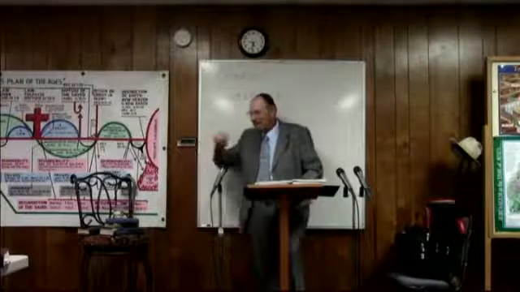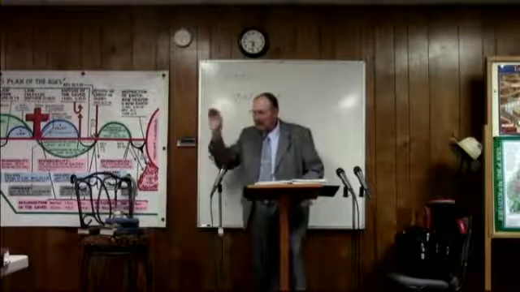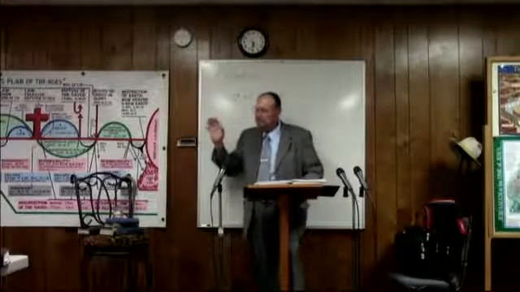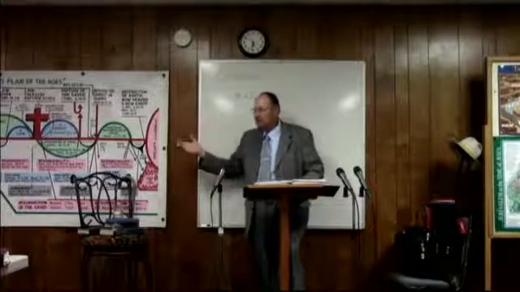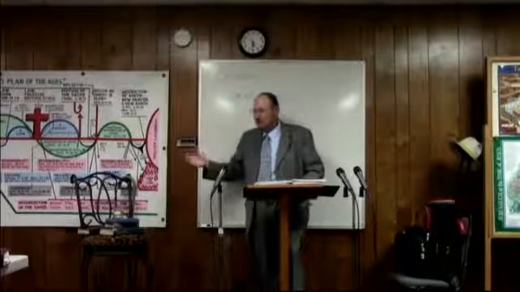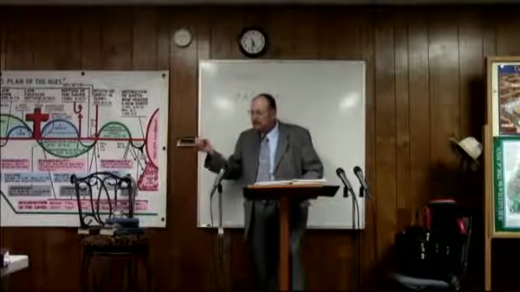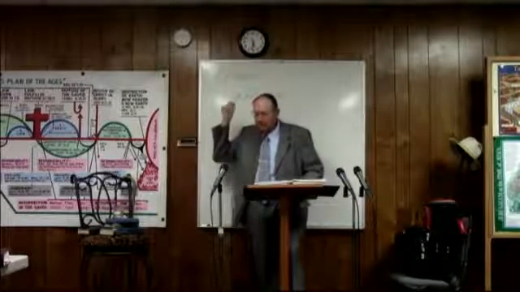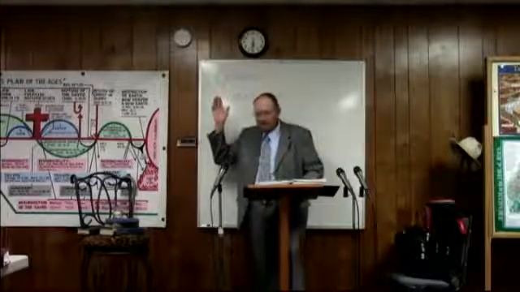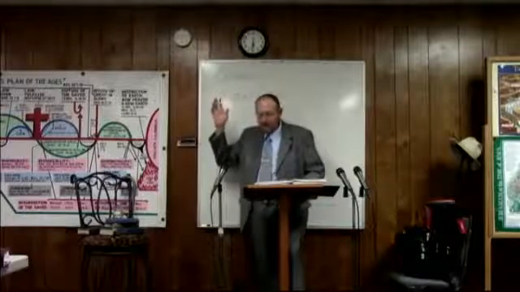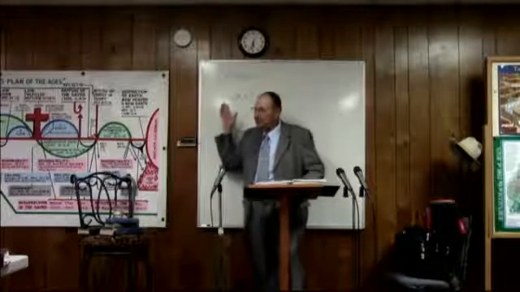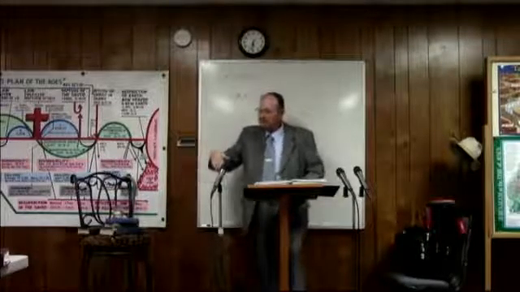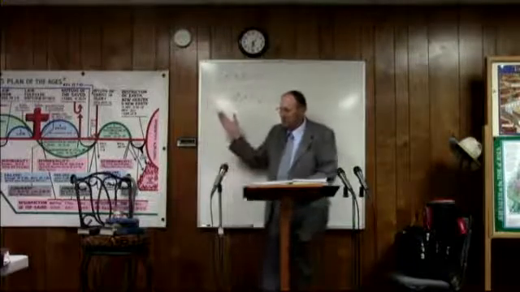Now, I throw that at you a little bit every now and then, and I try to show you the kind of action. Not so much to cram this grammar down your throat, but to show you the kind of action that it means. And then all of a sudden it's going to turn on, whip, ha-ha. That's infinitive absolute. That's infinitive construct. That's waw consecutive and perfect. This is perfect tense. This is imperfect tense. This is future perfect.